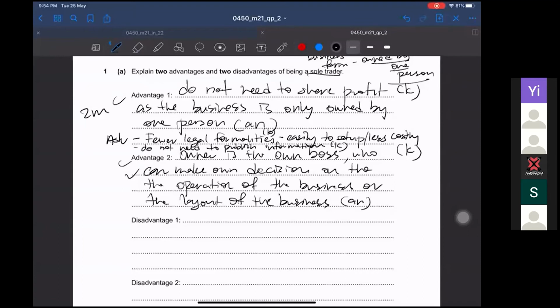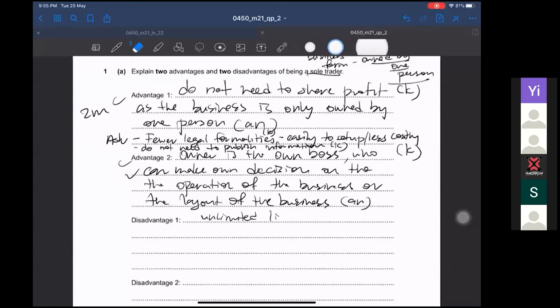However, for the disadvantages: when you are a sole trader, are we allowed to be our own boss and choose our own working hours? Yes, correct. Own boss is one knowledge, and own working hours is your analysis based on the own boss knowledge. The disadvantage is unlimited liability. I believe some of the students are still confused with this.